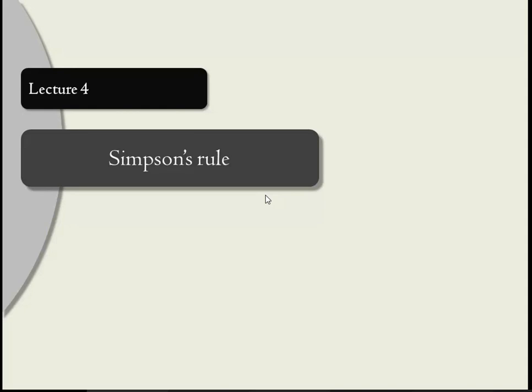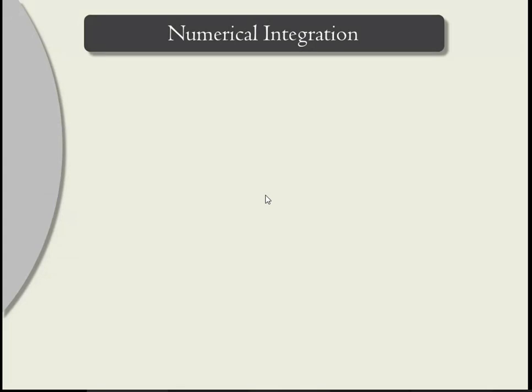Now in this lecture, we are going to see two more methods to solve numerical integration, known as Simpson's rule. Let's recall what we did yesterday. We saw how to solve numerical integration.